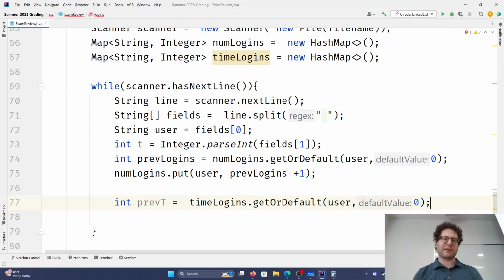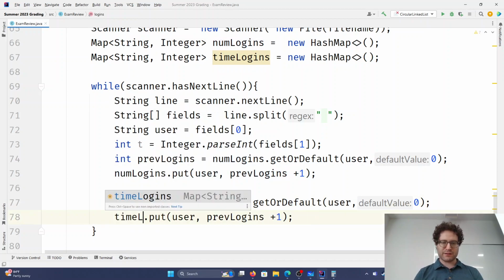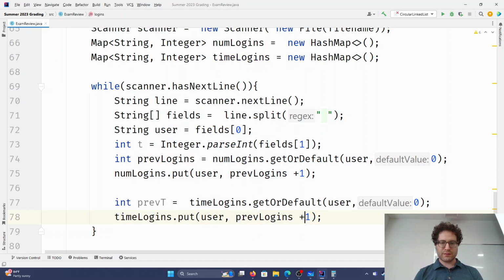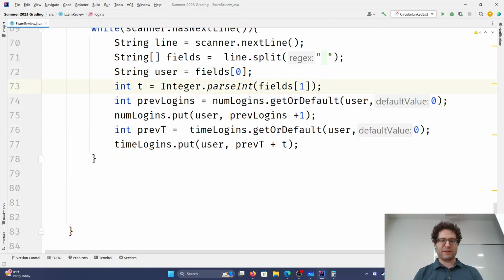Again, what this does is I don't have to do an if-else statement to figure out whether or not it's been there. And we'll call this timeLogins, previous t plus t. Right, this is the total amount of time. And that makes it a lot fewer lines than this normally is.